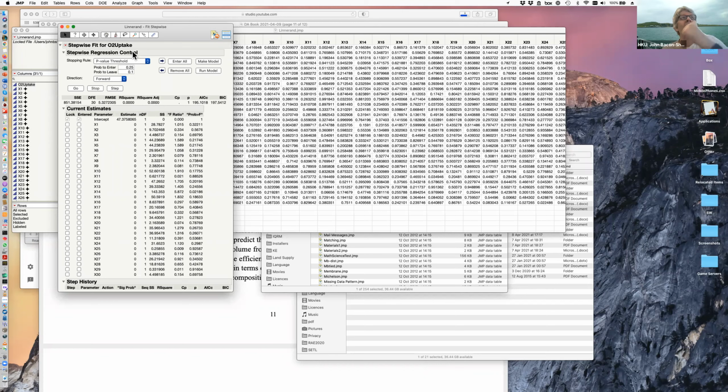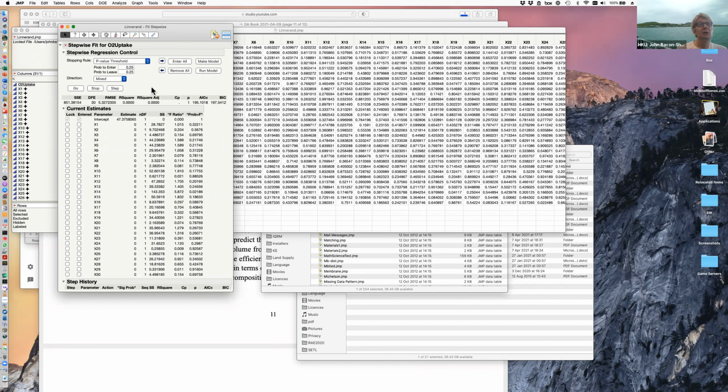And then the direction, we can do forward, backward, or mixed. It's quite clear that mixed is generally a better approach. It's more likely to find the best model. So we'll choose mixed. That means after adding each variable, it will see whether it should drop one. So it will successively add and drop until it can't find anything to add or drop.